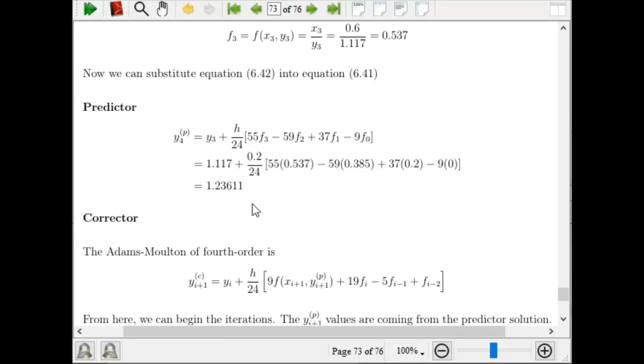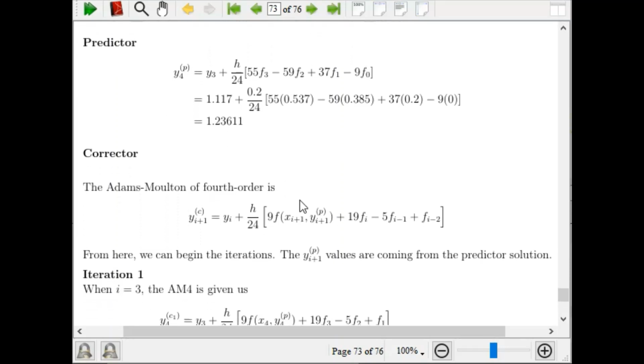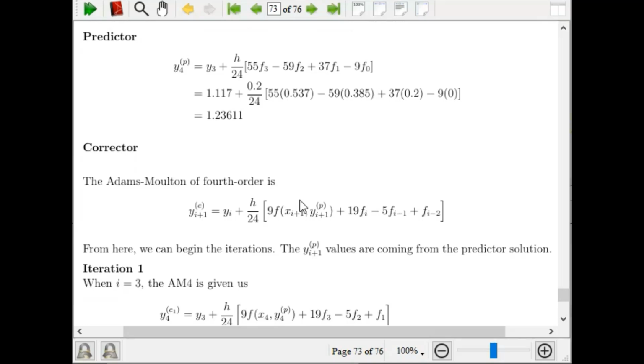That is the solution. If we were asked to find maybe y of 1, we would have moved ahead to find y5 of P. Then when we have gotten the solution, we will fine tune it with the corrector method.